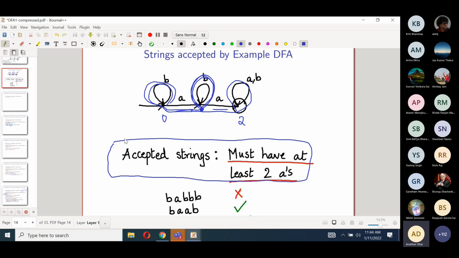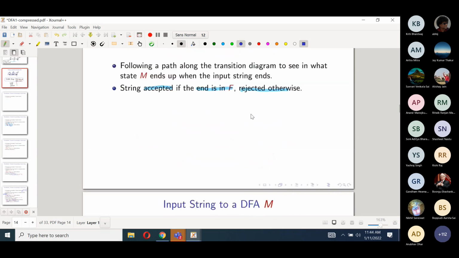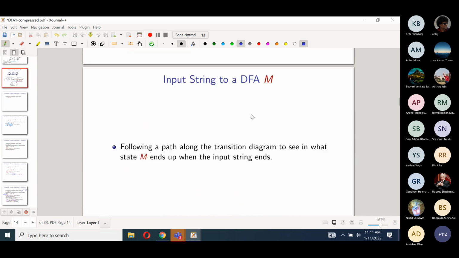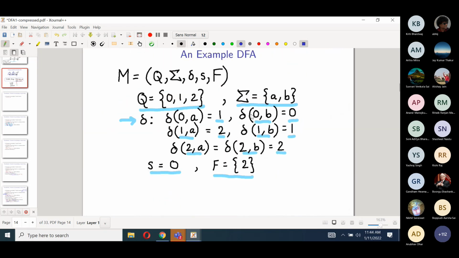The number of strings that have at least 2 A's can be countably infinite. But what we are doing is finding a finite representation. Either you can think of it in terms of this transition diagram, or the transition table, or just writing down the description of each of these tuples.